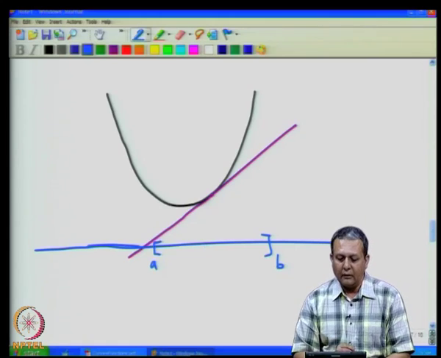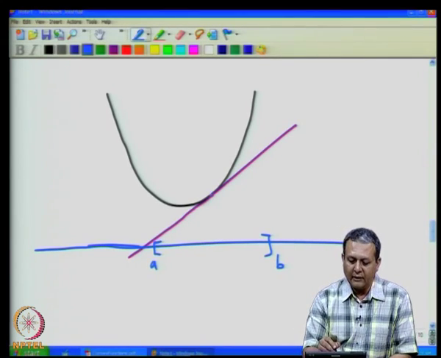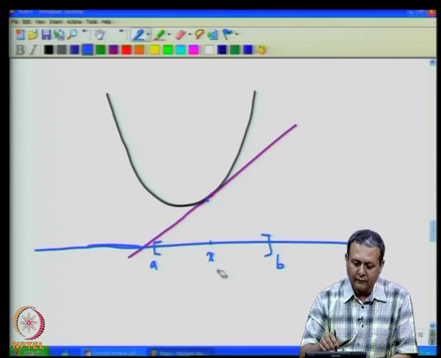Okay. Now, our current result says that if we take any point, let us call this x1, and take the affine, let us call this x hat.